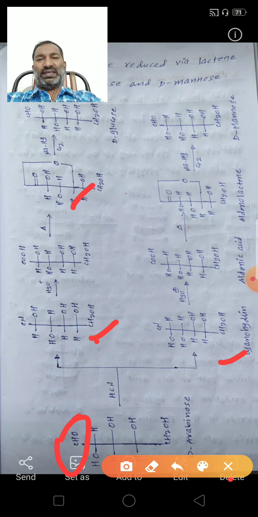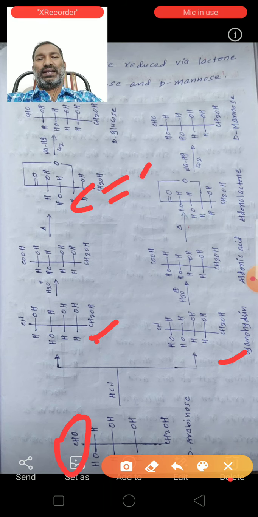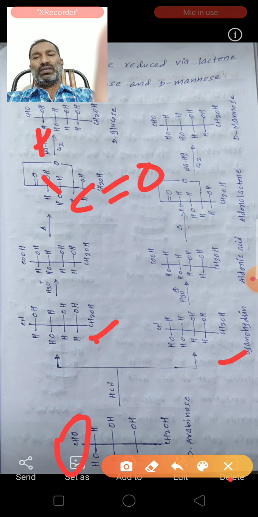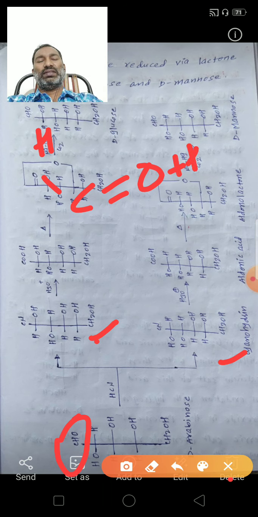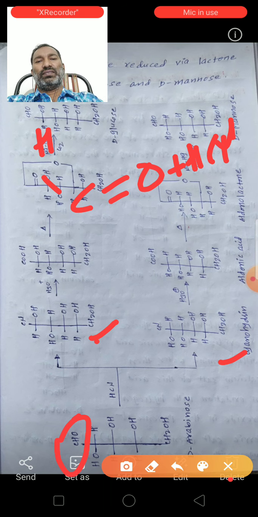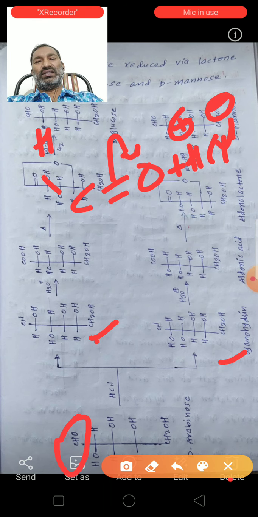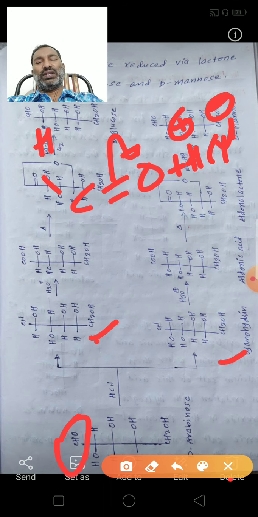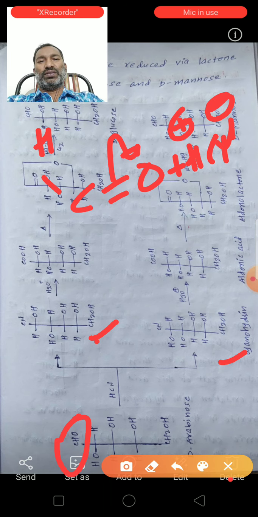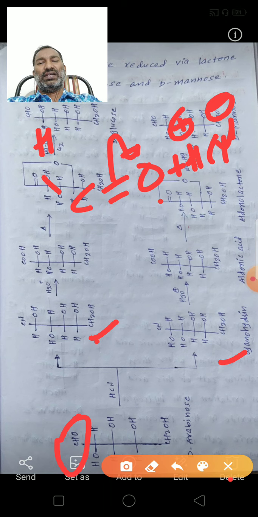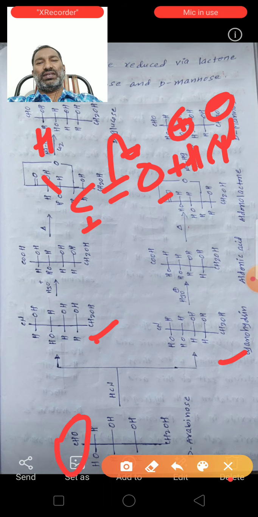See here, when an aldehyde reacts with HCN, HCN means H plus and CN minus. The carbon and oxygen, oxygen being the more electronegative atom, so the pi bond shifts towards the oxygen. Then oxygen contains the negative charge and carbon contains the positive charge.